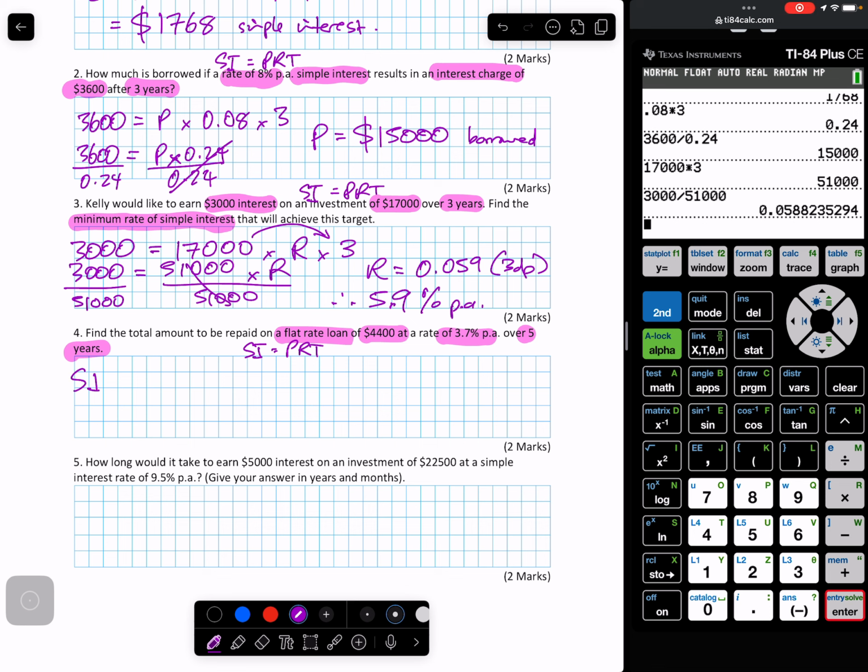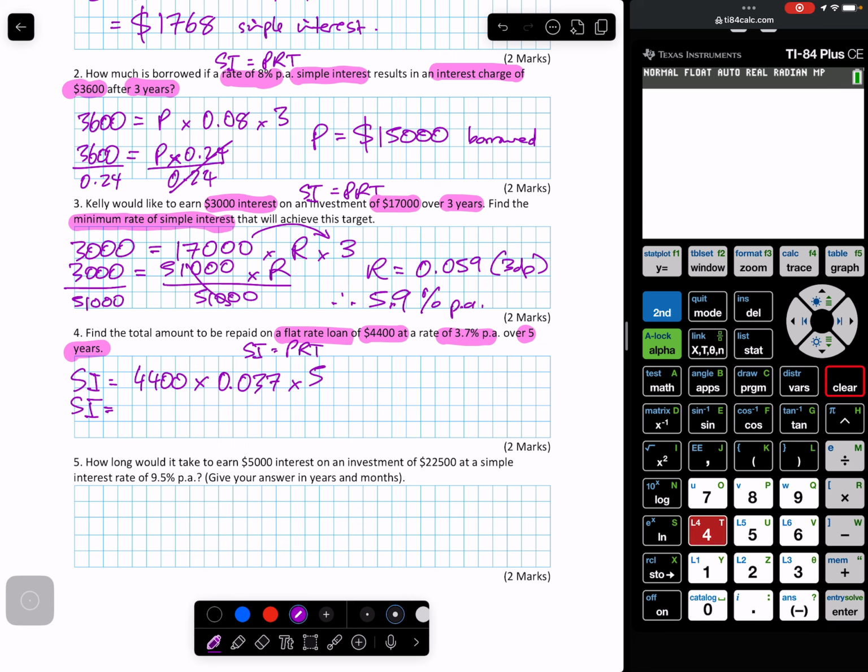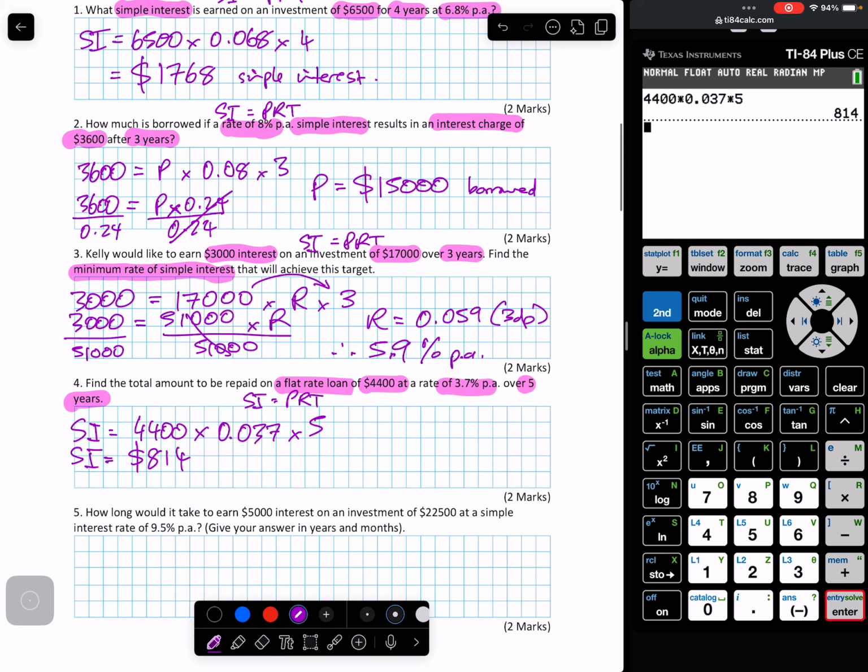So SI, they borrowed $4,400, please, and the rate was 3.7%, so 0.037, and it was for 5 years. So right now we're working out the cherry on top, 4,400 times by 0.037 times by 5. So this loan, they got charged $814 of interest.